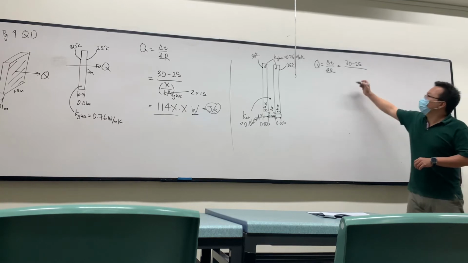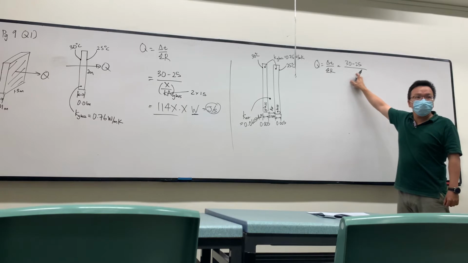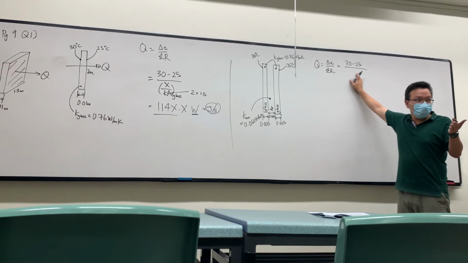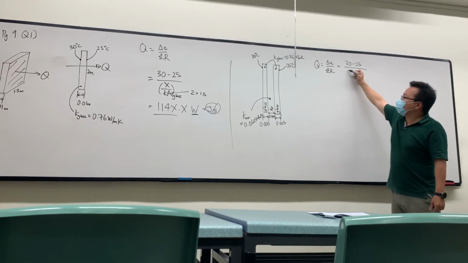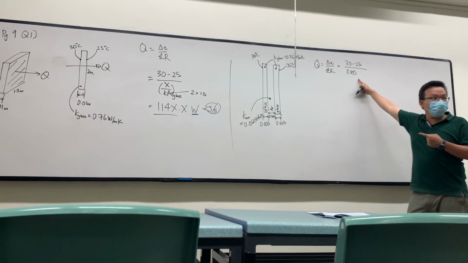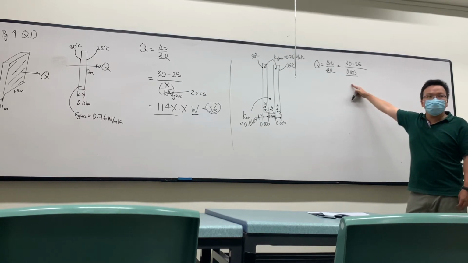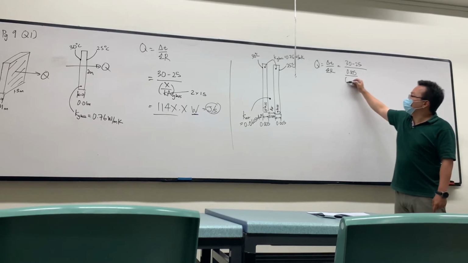Okay, wait. What's the equation for R? X over K. So what's the first X? 0.005. Clear now? 0.005 divided by 0.76.